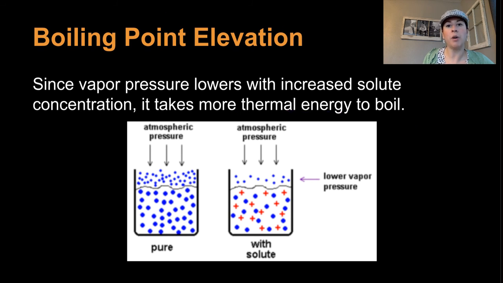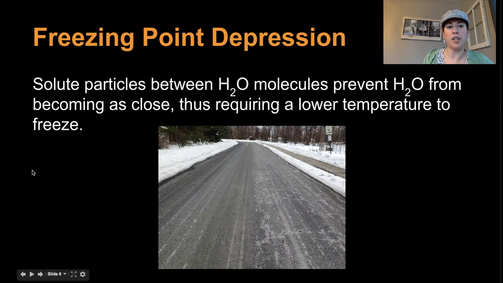Our last one that we're going to take a look at today is going to be freezing point depression. And so this is actually going to lower the freezing point. So solute particles between water molecules prevent water molecules from really becoming quite as close.